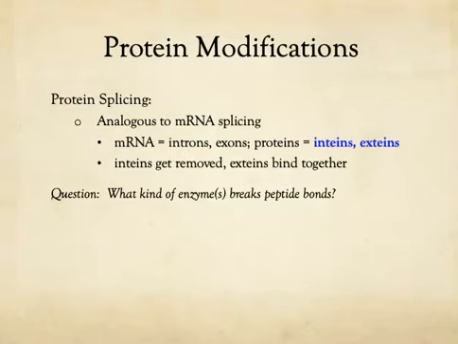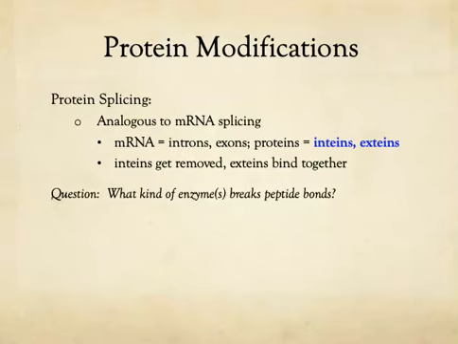Well, in proteins, we refer to inteins and exteins inside the sequence of amino acids. The inteins will be spliced out, and the exteins will be brought together and joined to make a more mature polypeptide.